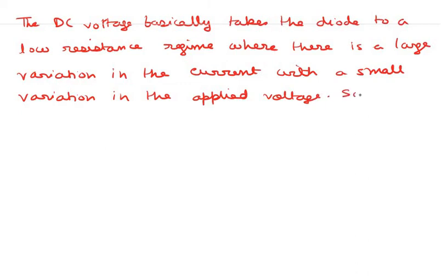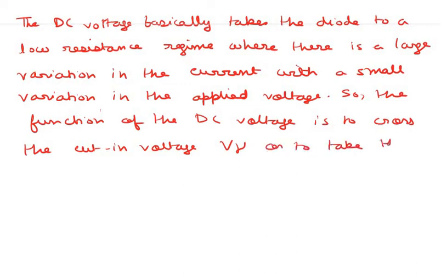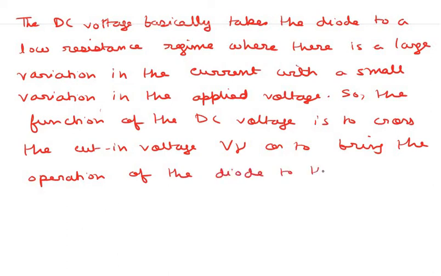So the function of the DC voltage is to cross the cut-in voltage V gamma, or to bring the operation of the diode to the low resistance regime.